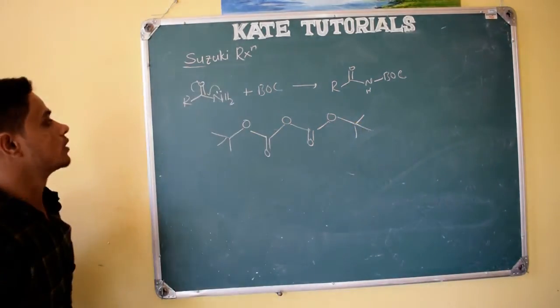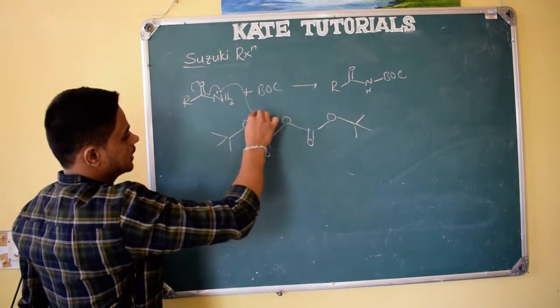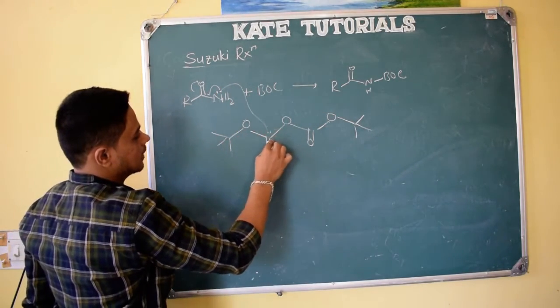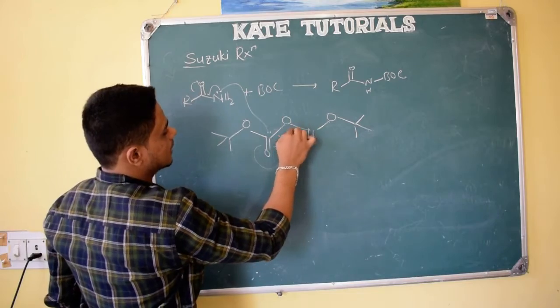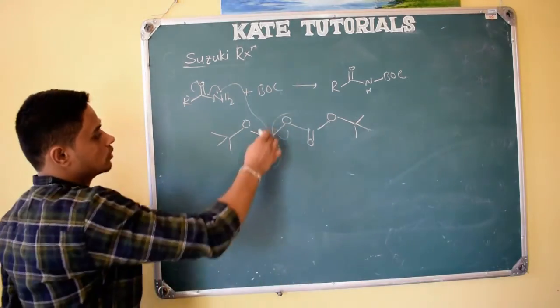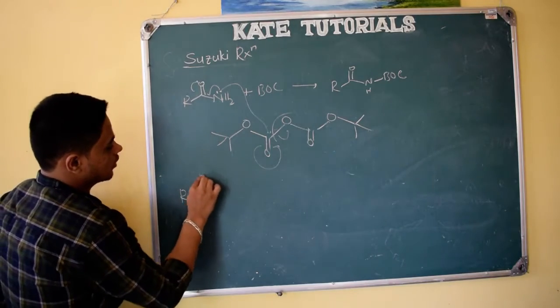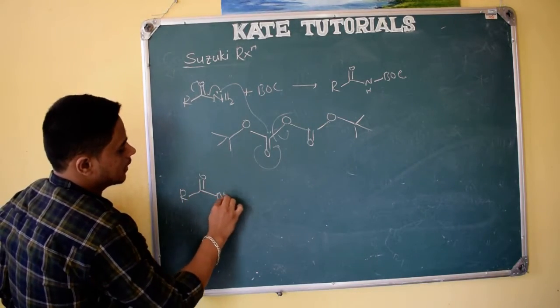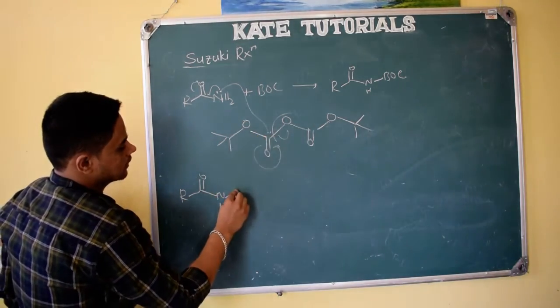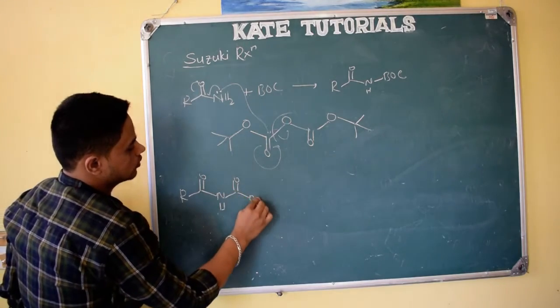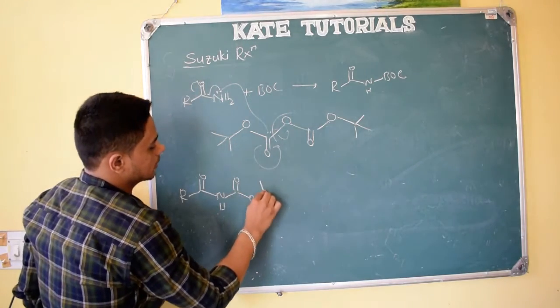In this compound, nitrogen will donate its electron density, and it will go back and this bond will go. The Boc structure is nothing but like this: RCONH, and the Boc structure is NC double bond O with a tertiary group here.